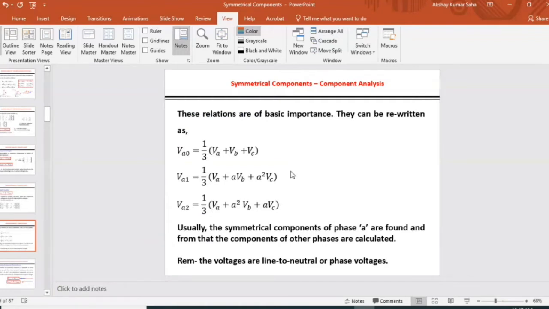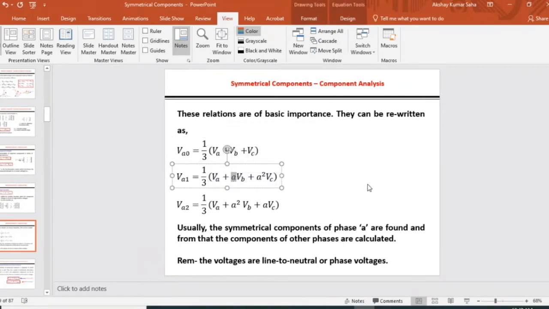So VA0 will be equal to 1/3 times VA plus VB plus VC, meaning if we have the actual phasors of those three phases ABC, we will be able to know VA0. Similarly, we will be able to know VA1 and VA2, because all we need on this side is VA, VB, VC, and A is there.